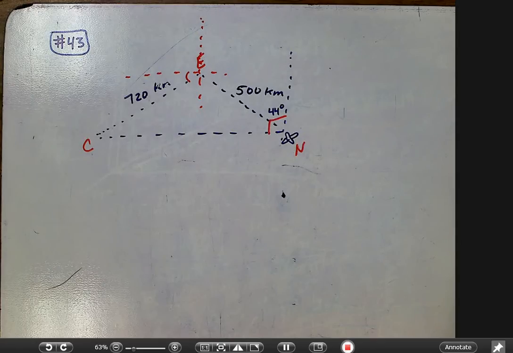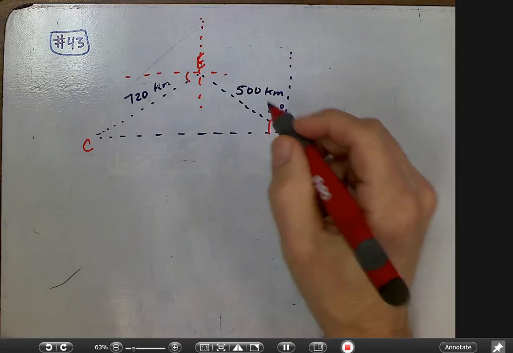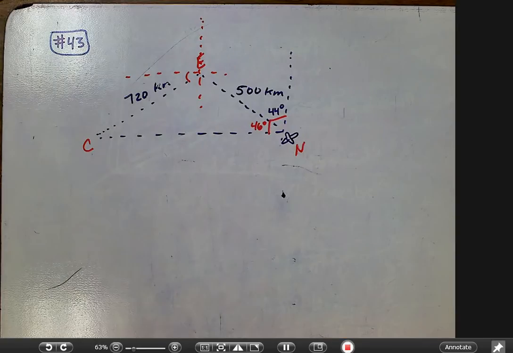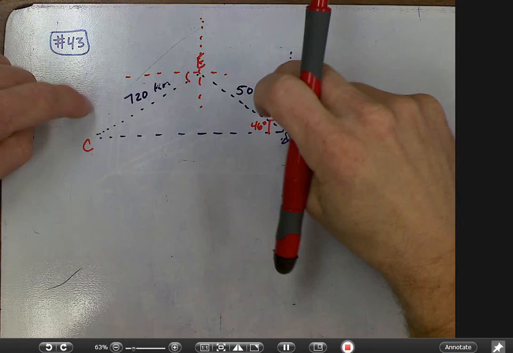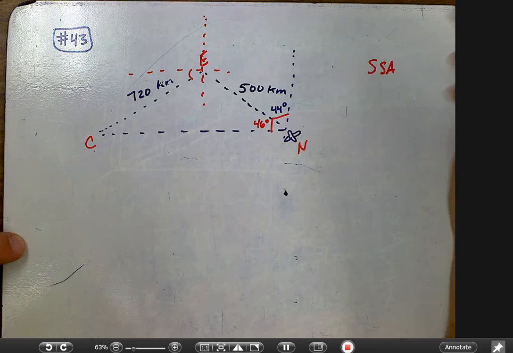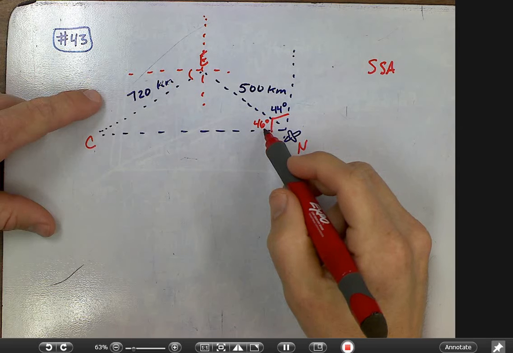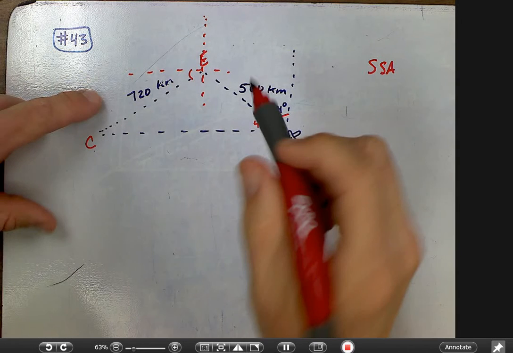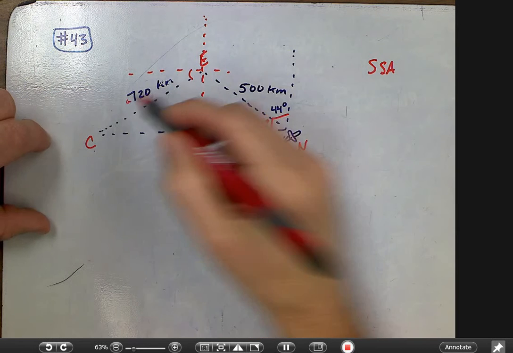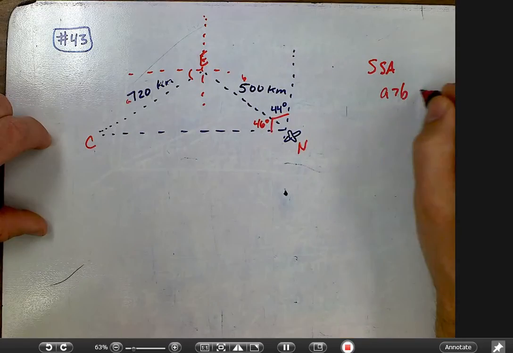Well, based upon what I'm given, I know that this has to be 46 degrees based upon the angle. Now I have two sides and a non-included angle, so SSA. It turns out here, A is always the opposite of the side given. So in terms of everything else, this would be the A, this would be the B. I know that A is greater than B, therefore there's only one solution.